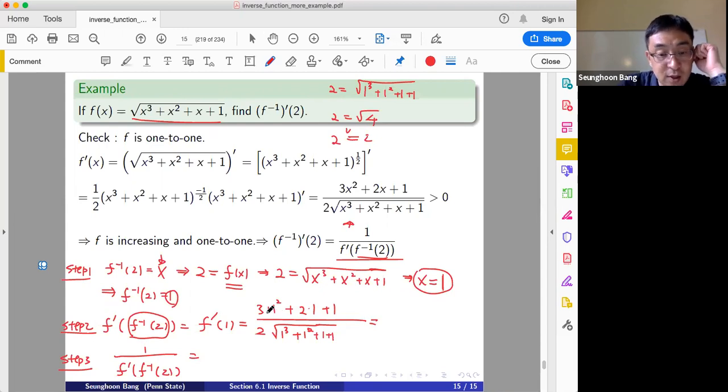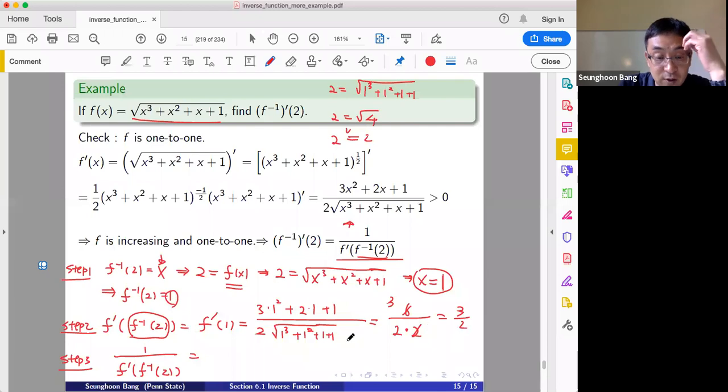The top one is 3 plus 2 plus 1, which is 6. The bottom is 2 times the square root of 1 plus 1 plus 1 plus 1, which is the square root of 4. The square root of 4 is only 2. The 2 is crossed out, leaving only 3. The answer is 3 over 2.